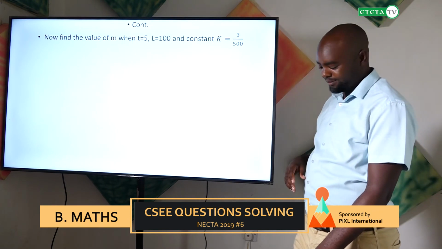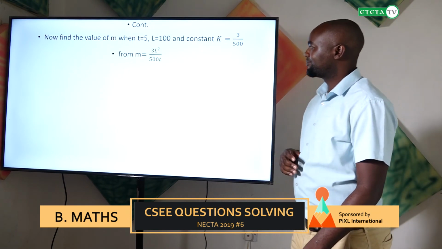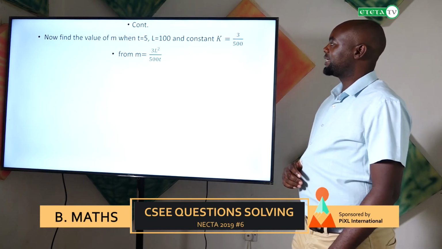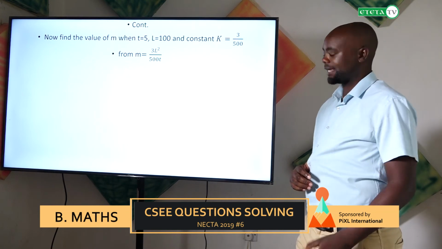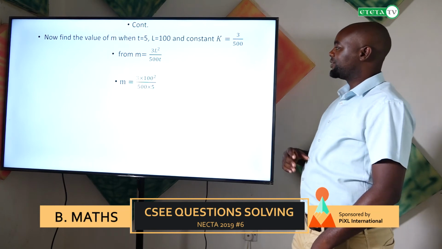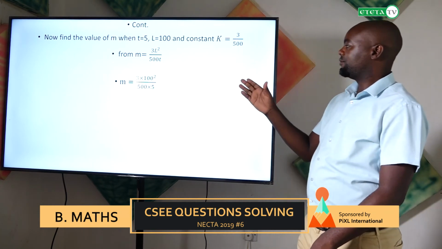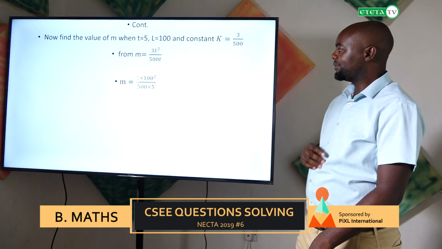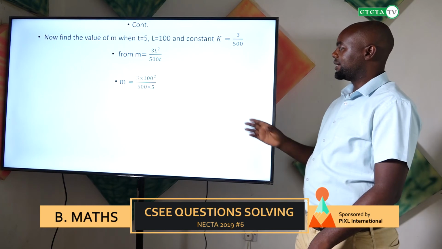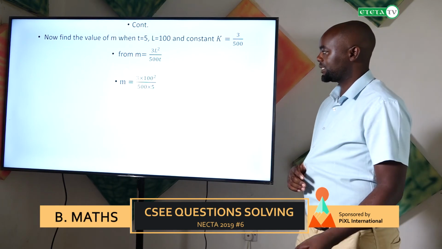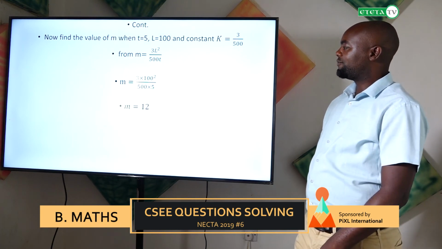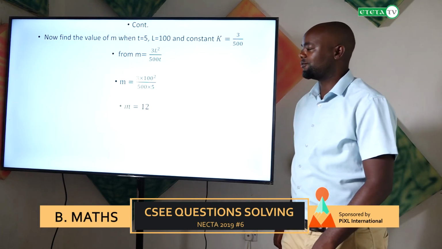Substituting into the equation, you get M equals K, which is 3 over 500, times L squared over T, the time. So we have 3 times 100 squared over 500, and 5, the time given in the second case. Now we have M, which is 12.